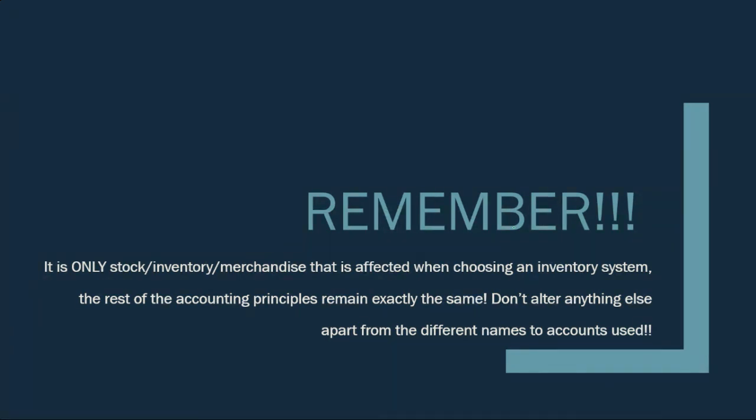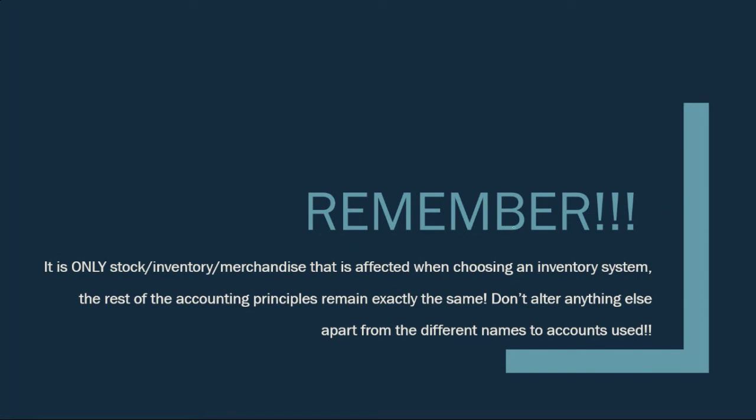Okay, and then the rest of the accounting principles will remain exactly the same as what we've done in Learning Unit 2 for the accounting equation, your Learning Unit 4 and Learning Unit 5 for the journals. So the only thing that will change is just how we deal with the different types of inventory systems in those specific journals. But the principles of how to do the journals will be exactly the same.